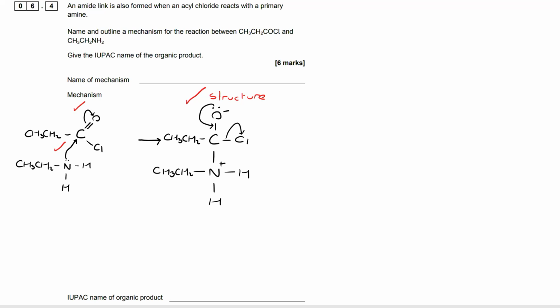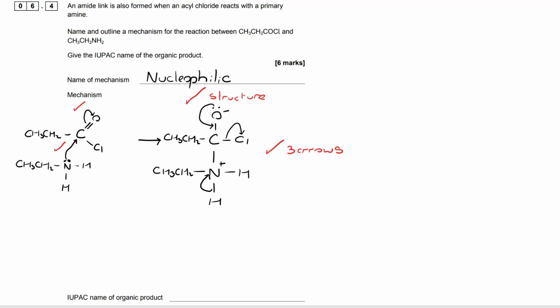And finally, separate to those 2 arrows, we are going to get rid of the N+, and we do that by losing an H and those electrons moving in to the N. So we're going to get a lone pair back on that N. Now, the 4th mark in this mechanism is for having all 3 of those arrows in the correct place.